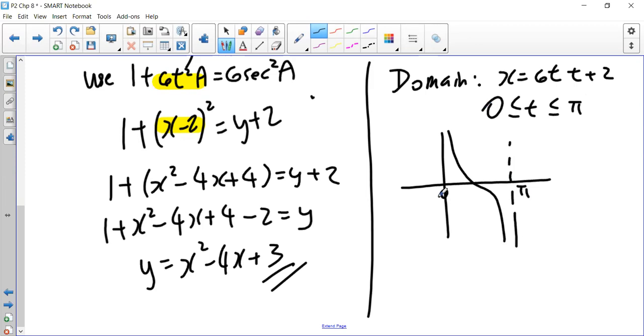Now that's the graph of cot t. So x equals cot t, that's x and that's t. Now, if I add 2, it means I move the graph up by 2.